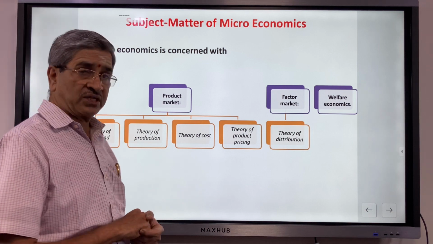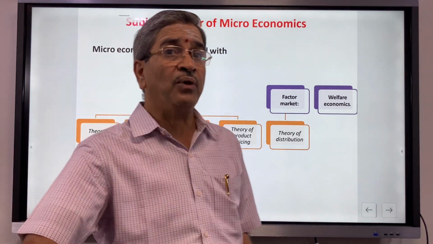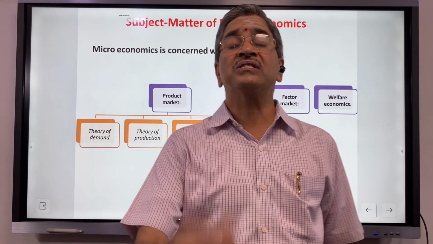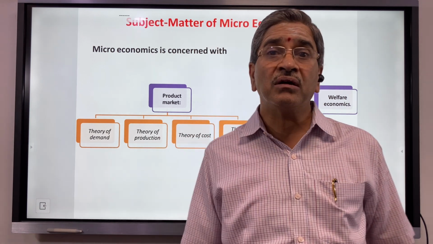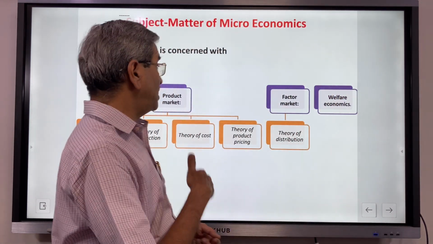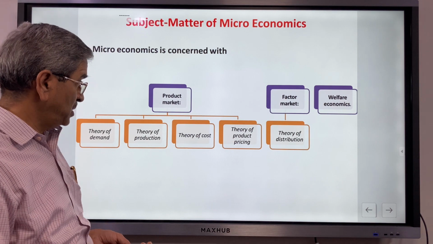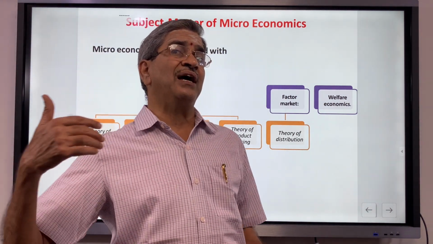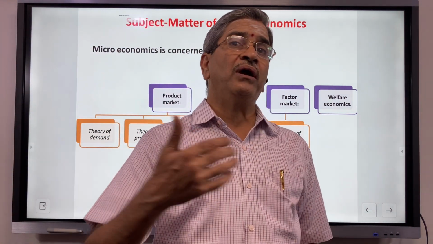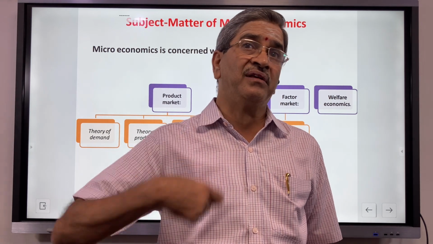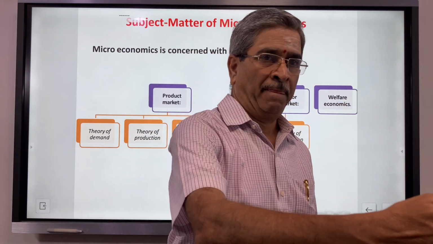Then theory of cost. How much money are you going to invest? What is the cost involved? What is the long run cost? What is the short run cost? And ultimately what will be the output? Based on the cost as well as the demand, we always make a theory of pricing.